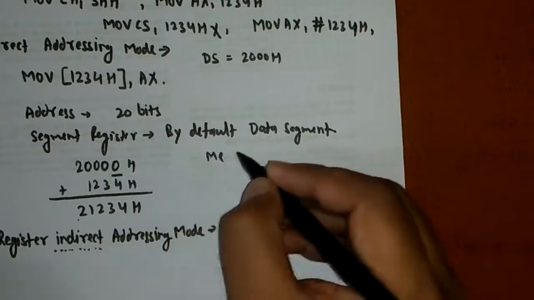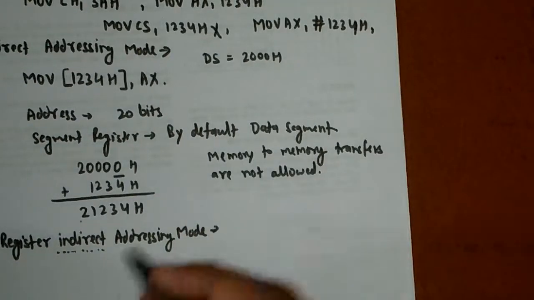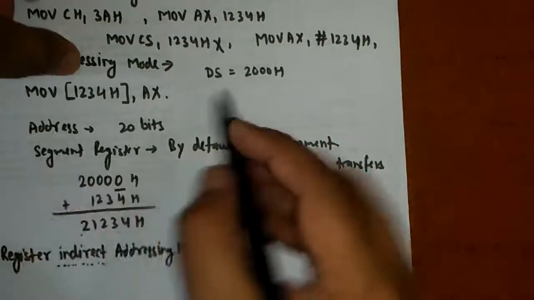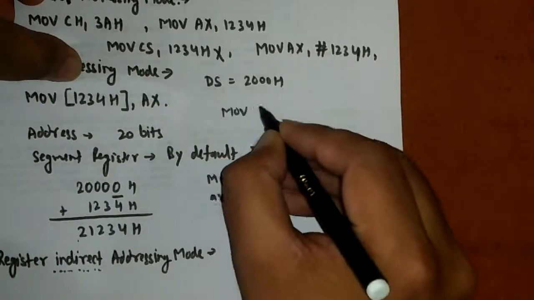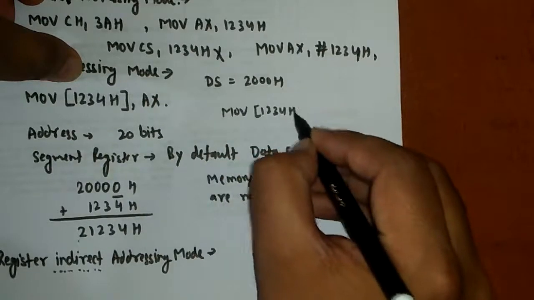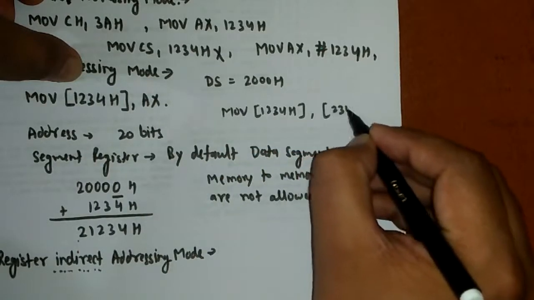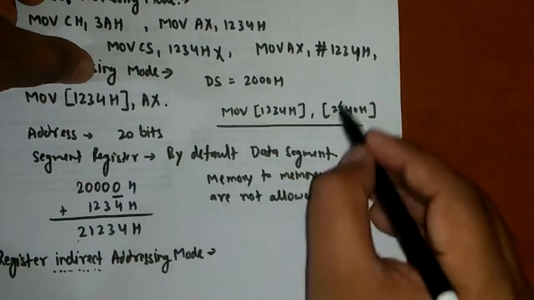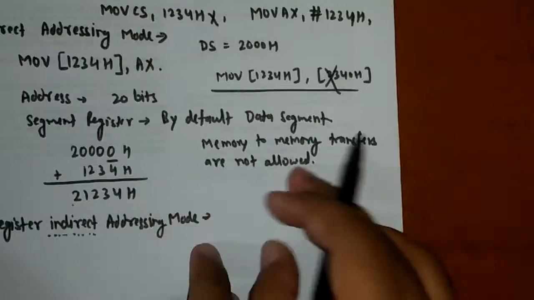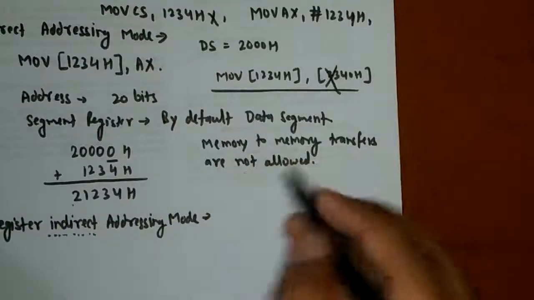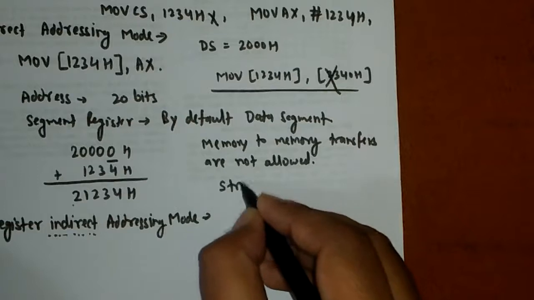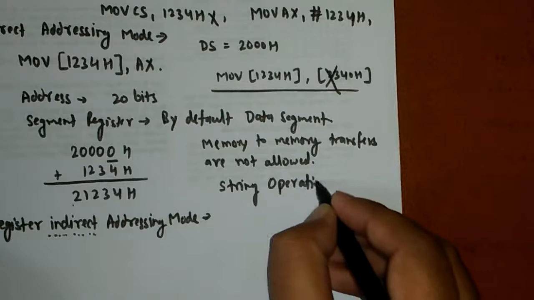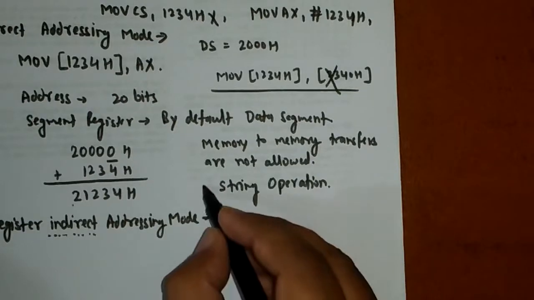Any instruction like MOV 1234H, 2340H is an invalid instruction, because memory to memory transfer is not allowed in the case of the 8086 microprocessor. The only case where this is allowed is in string operations. Other than string operations, memory to memory transfer is not allowed, right?